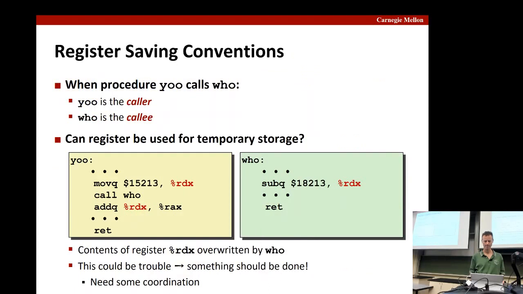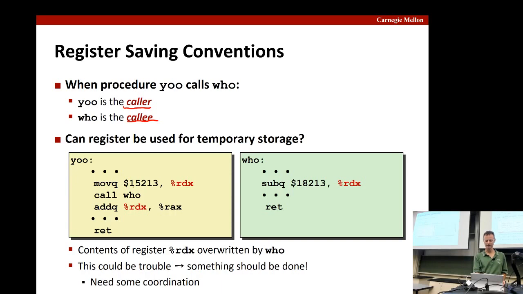All right, now let's get to the register saving conventions. Again, we have the notion of a caller and a callee, and we have registers that they both want to use. Here's a bad example.